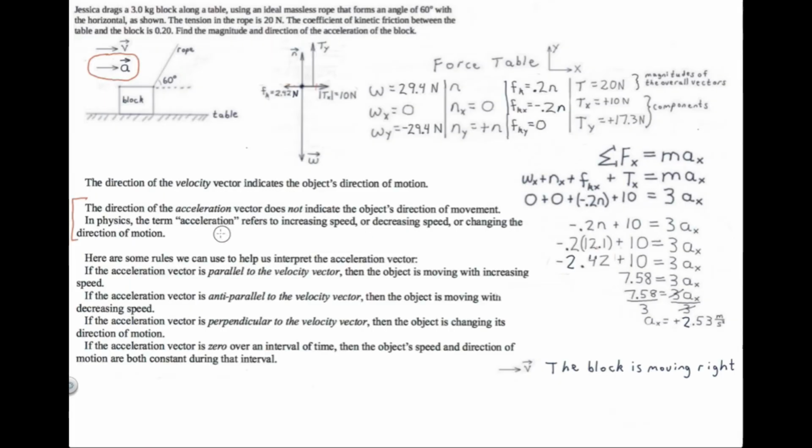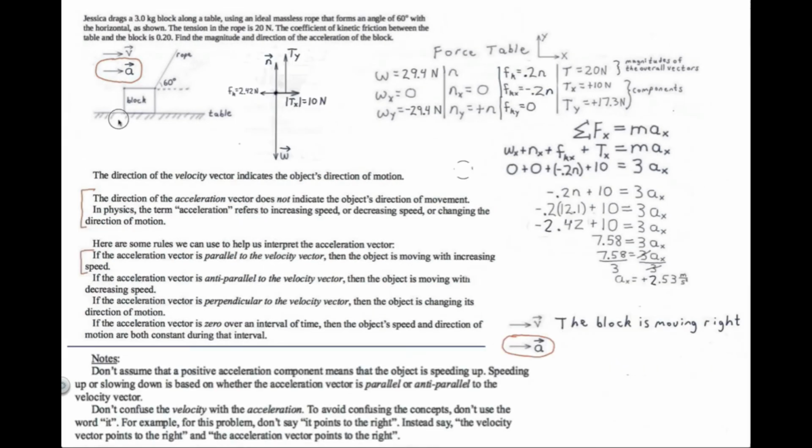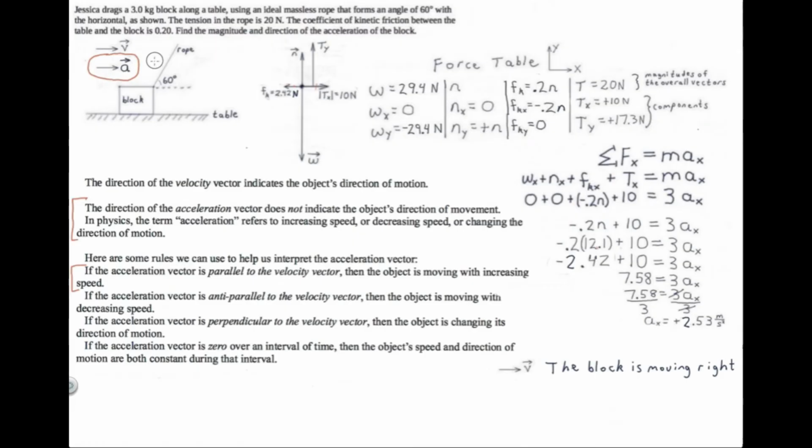In physics, acceleration refers to increasing speed or decreasing speed or changing the direction of motion. Here are some rules that we can use to help us interpret the acceleration vector. In this problem, the block's acceleration vector is parallel to the velocity vector. Vectors are parallel when they point in the same direction.